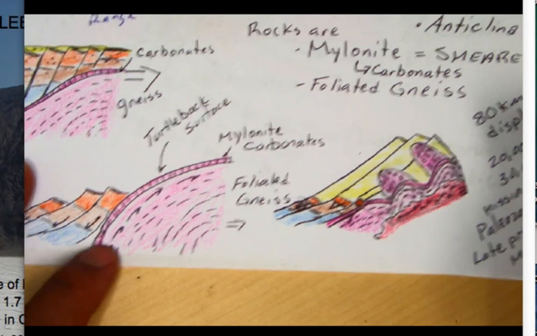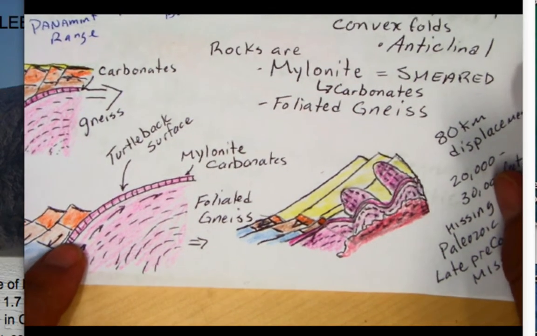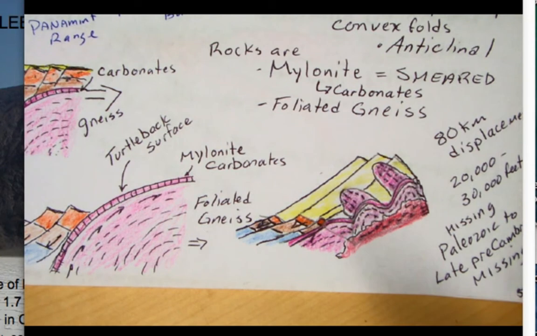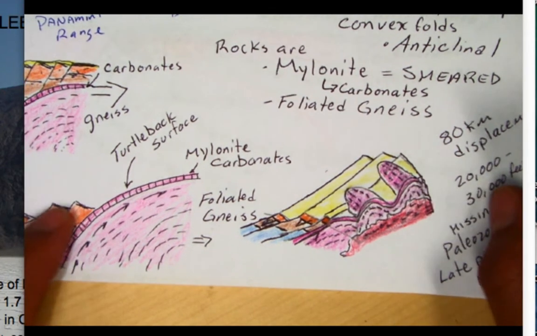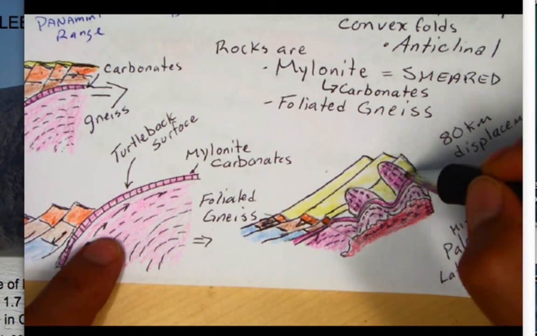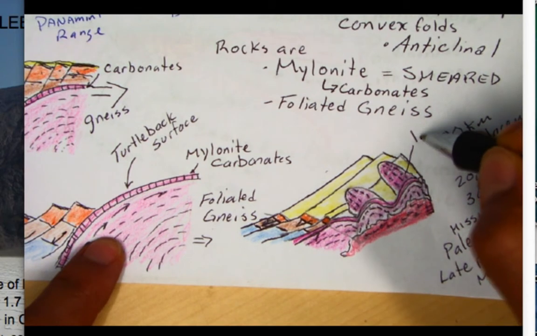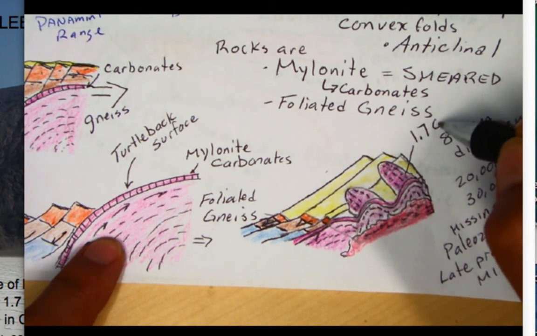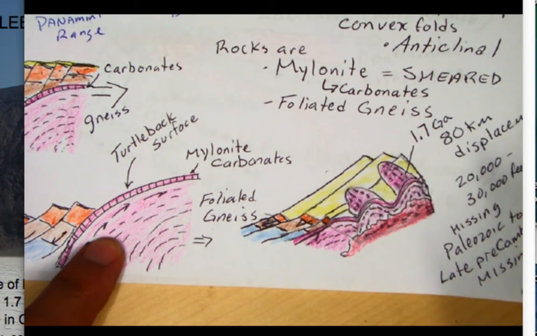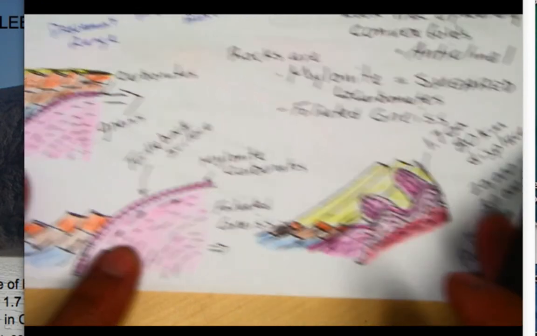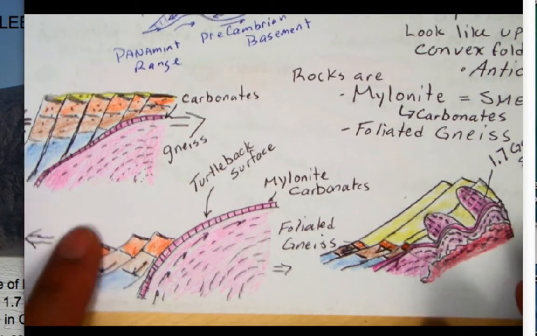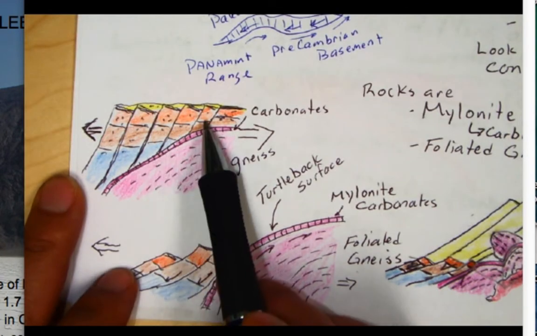And so another thing that's important here, besides just that you're bringing up these old rocks, is that these mylonite rocks are about 1.7 billion years old. Remember, Ga stands for billions of years. But what's interesting is the Paleozoic rocks, the ones that I'm showing over here in this little cartoon, they're probably there.